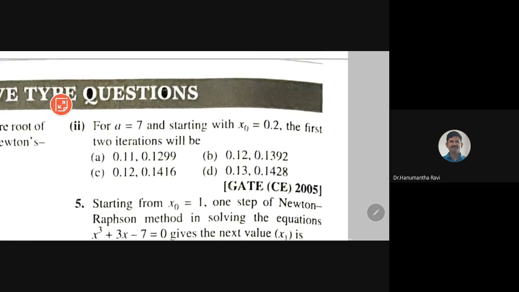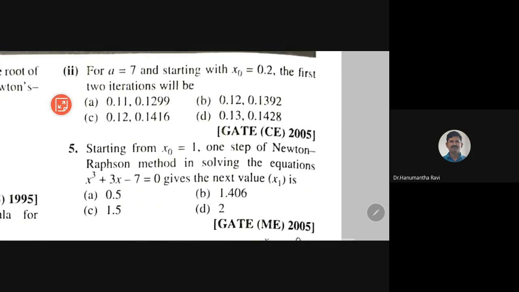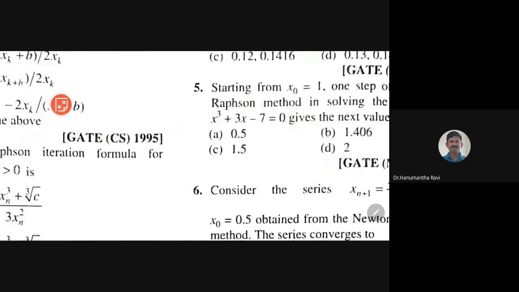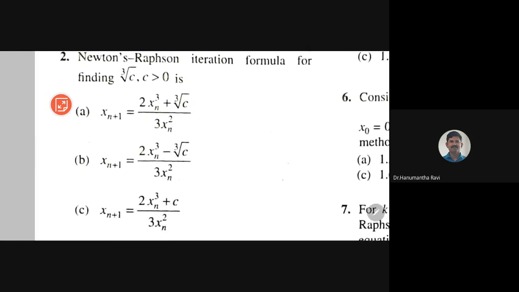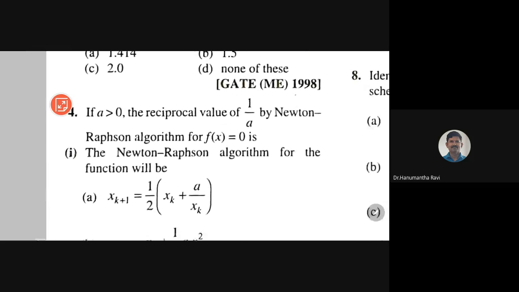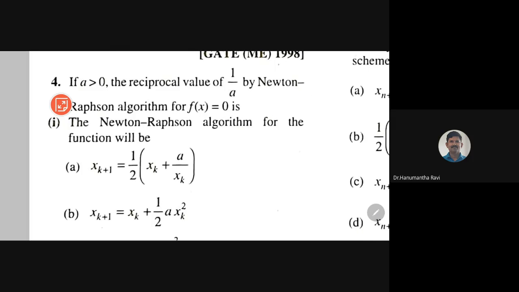X0 is equal to 0.2, and the first two iterations. Let's see whether what we have done here is correct. So what is the Newton-Raphson algorithm for this one?